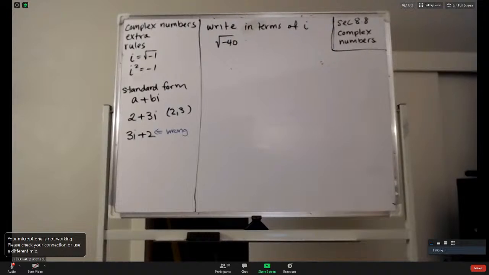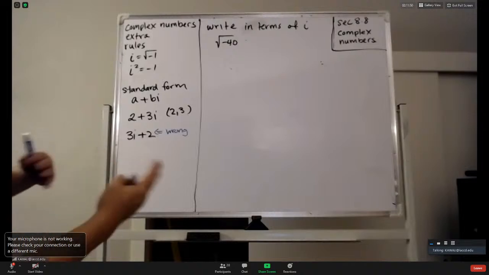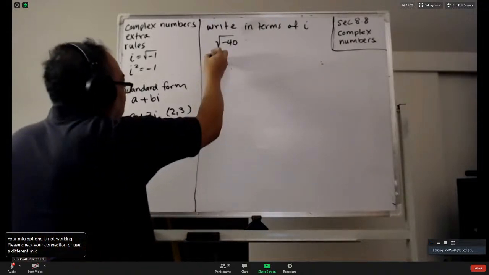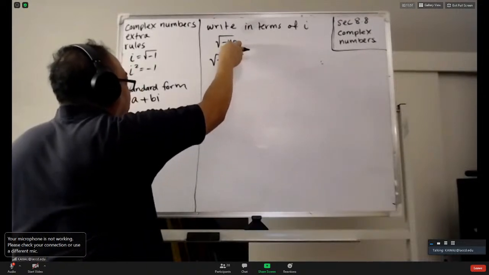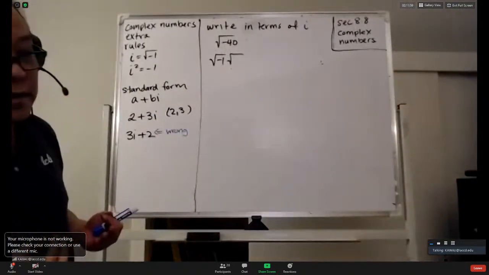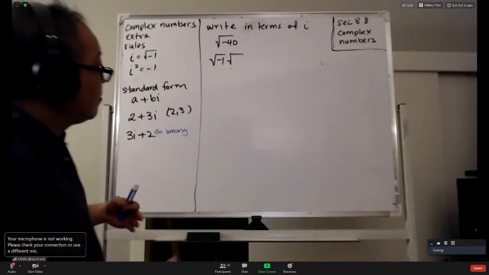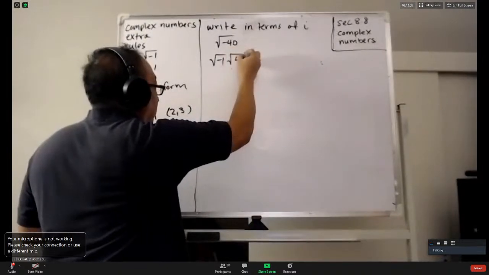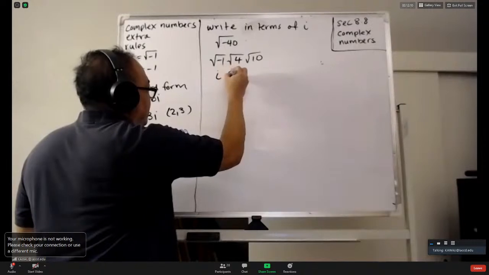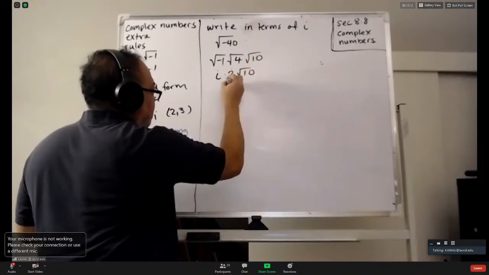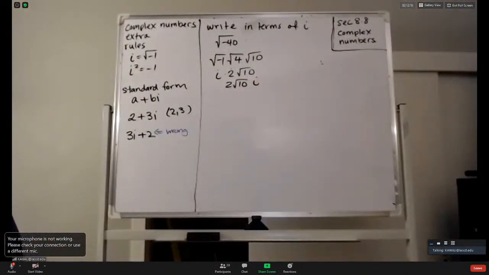Okay. Now we're going to simplify this the same way we have before, where first we're going to pull out that -1, and then we're going to say, are there any perfect squares that divide into 40? 4, 25, 9. You go, yeah, 4 divides into that. So now you have i times 2 square root of 10. We'll put the i in back like that. We'll hold it with tradition.